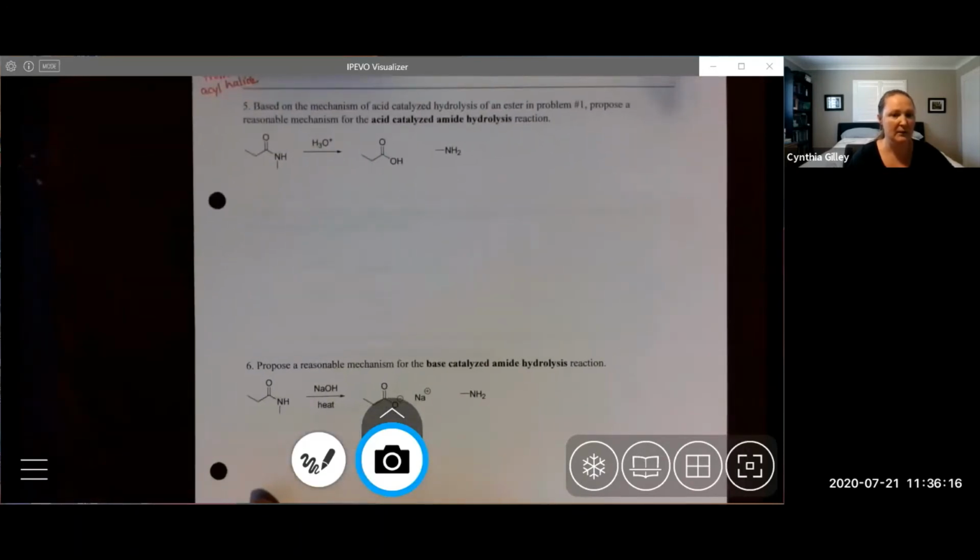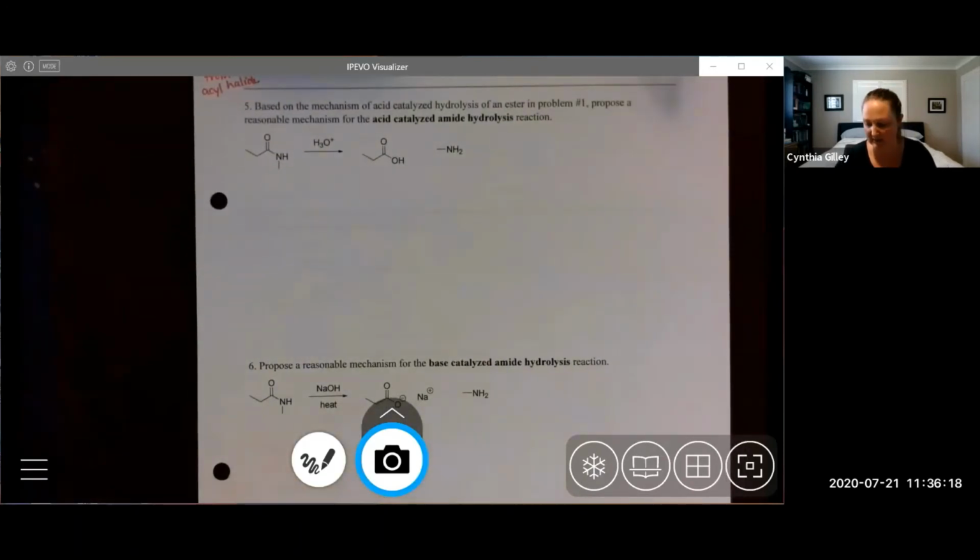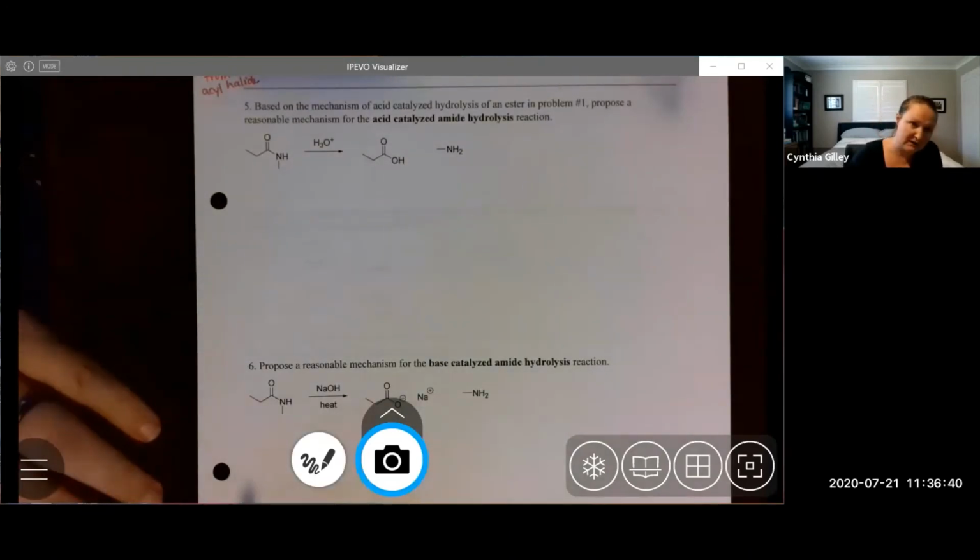Okay, so now we're going to be proposing some mechanisms. It says use the mechanism of the acid catalyzed hydrolysis of an ester in problem number 1 as a model and propose a mechanism for the acid catalyzed amide hydrolysis reaction. So we're basically going to be doing the same sort of steps.